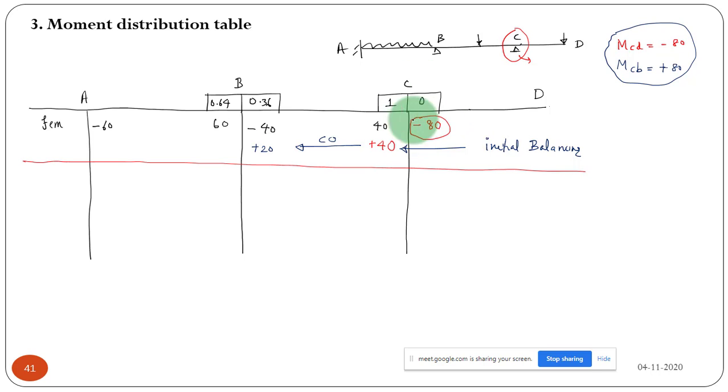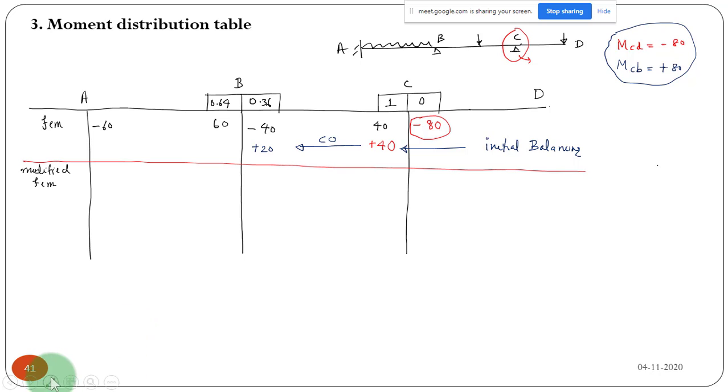The only thing left is to balance joint B. We take this value as the modified FEM value. We have to distribute the moment so that finally the sum of MCD plus MCB is 0, and the sum of MBC plus MBA is also 0. That is the meaning of balancing.